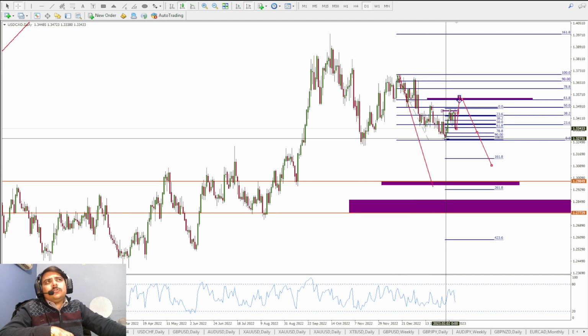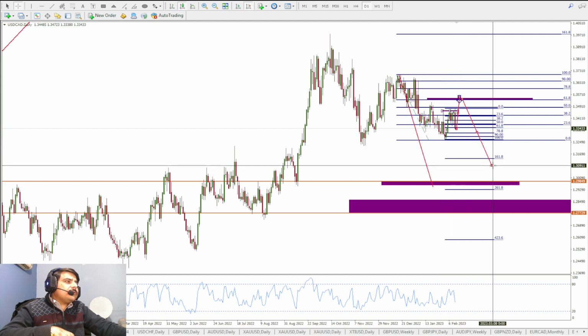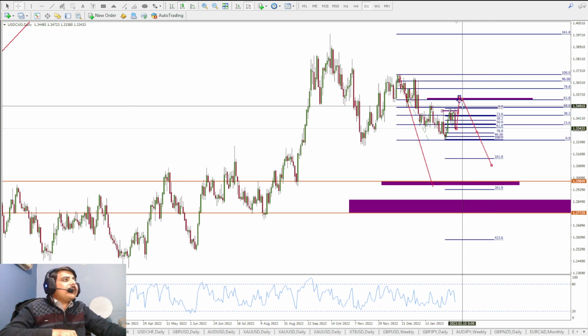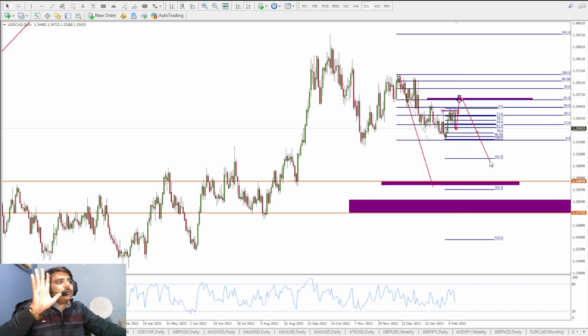So this is February, so till March, or maybe till April, mid of April maybe. Price will be trying to approach, like it will be a bearish trend towards 1.3122 if the market is slow, remember.